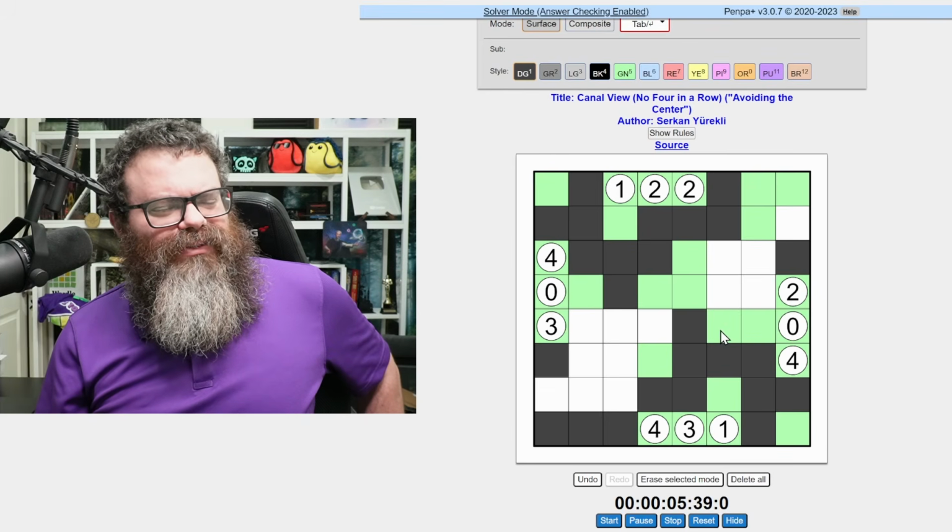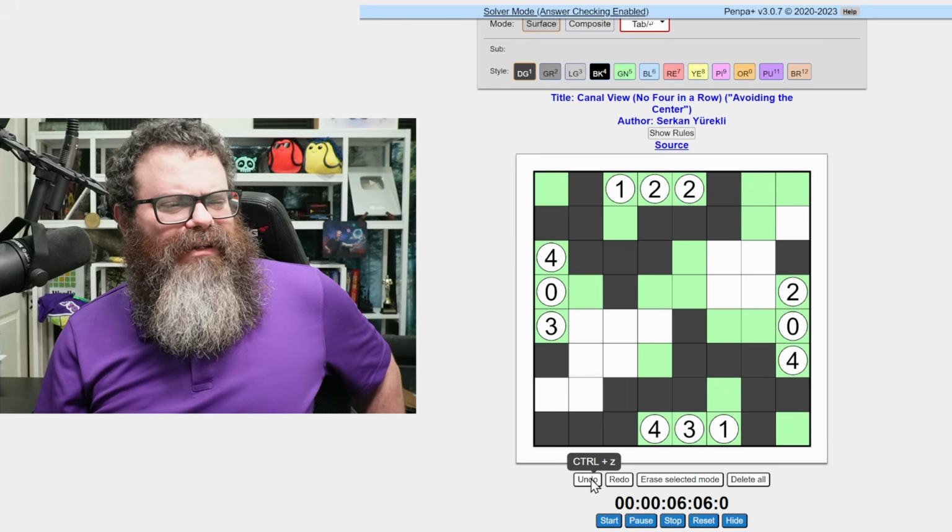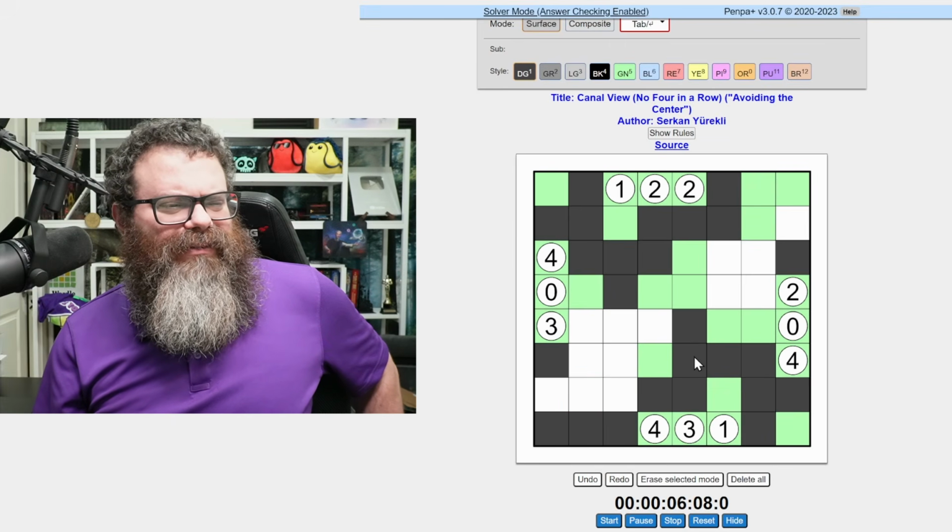Oh, don't make it 2x2, so that's unshaded. Okay. So this whole blob needs to get out here or here. If it got out here, we would be 3 in a row, so we'd have to unshade that one. I don't know what's helpful about that.